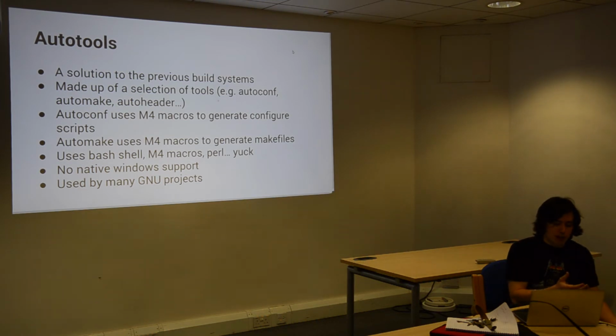It uses Bash shell, M4 macros, and Perl, and I think it's kind of disgusting, but a lot of GNU projects use it, and because they've been using it for a while, they're not going to change. But if you're starting a new project, I wouldn't recommend Autotools unless you're a masochist.